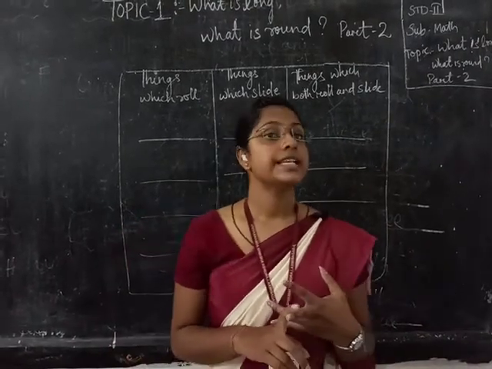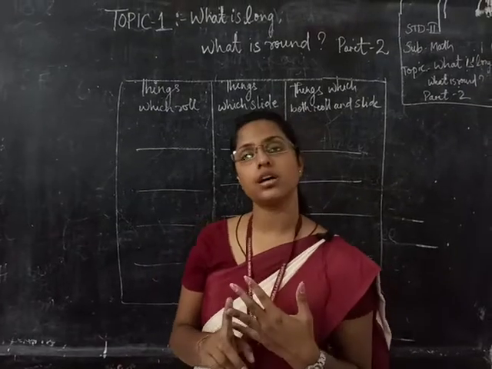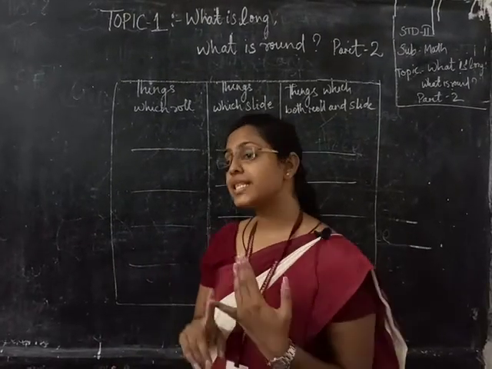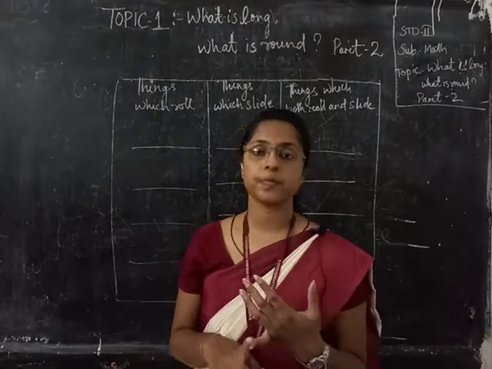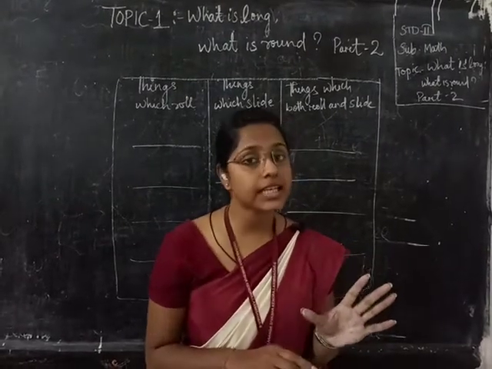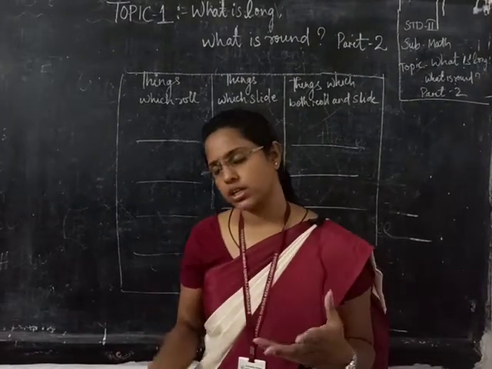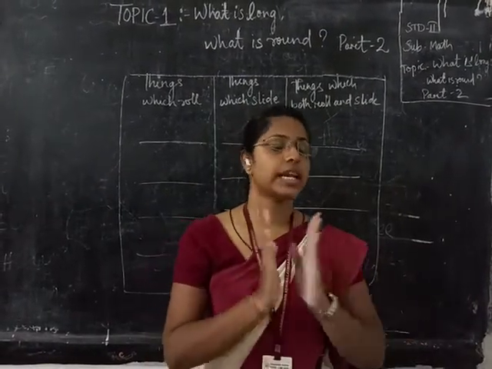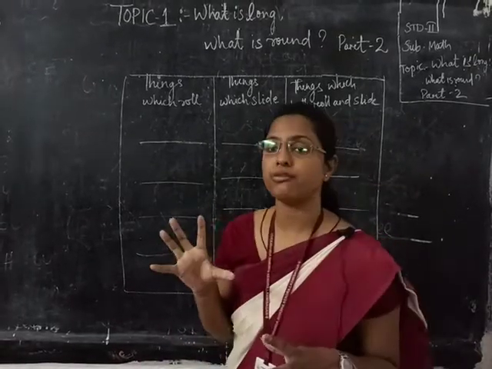Next, scale, which means your ruler. Ruler is long. Next, pencil box, which is also long. Number 5, stick. Stick is also long. Yes, water bottle, etc. These are long things.